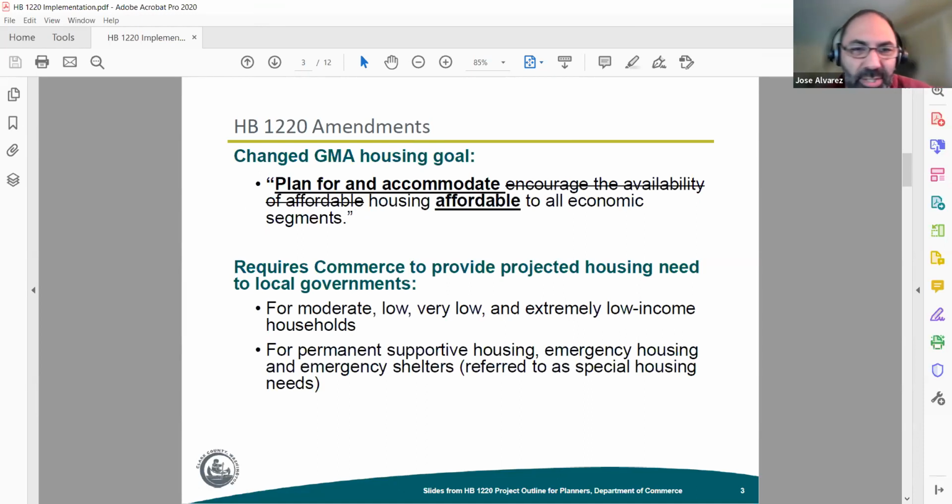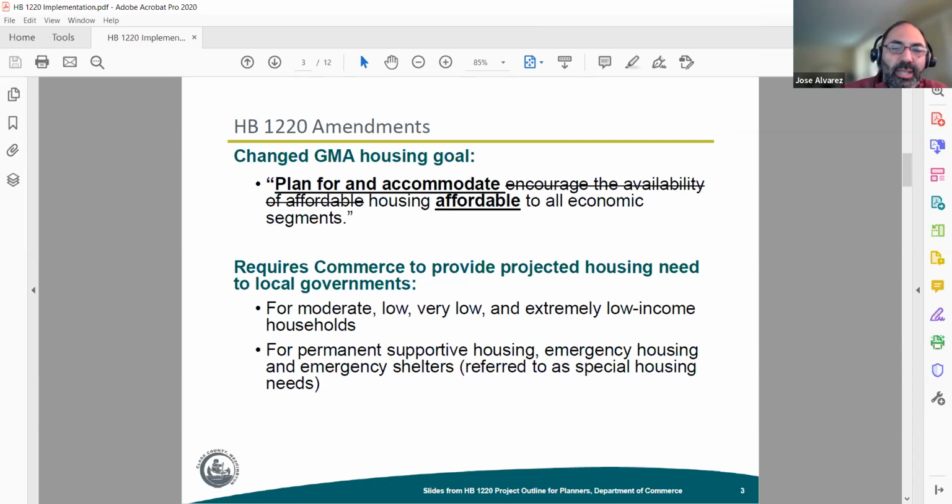So the biggest change is really in the housing goal, where they're trying to change the language from encouraging the availability of affordable housing to planning for and accommodating housing affordable to all economic segments, and just trying to make that stronger.